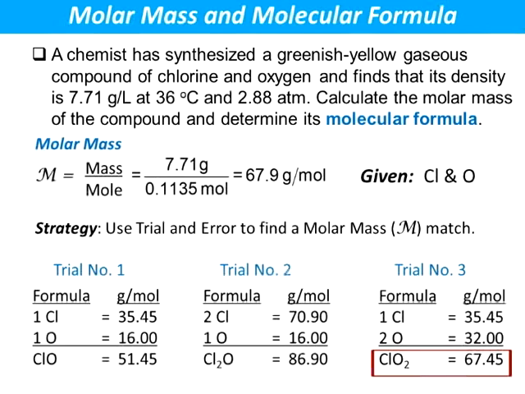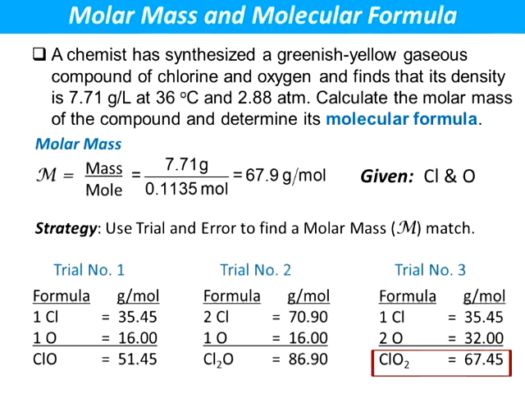In trial 2, I add 2 chlorines and I obtain a molar mass of the chlorines of 70.90 plus the 1 oxygen, and that mass is 86.9 grams per mole, which is higher than the 67.9 grams per mole, which I know is true for this compound.